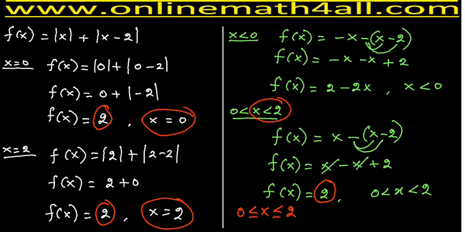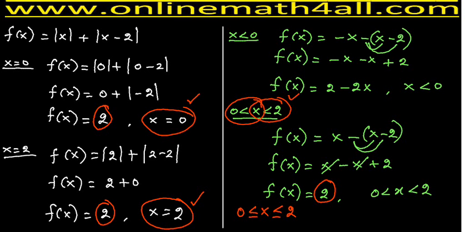So all 3 conditions are combined into a single condition, that is 0 less than or equal to x less than or equal to 2. Here x equal to 0 is taken, x greater than 0 is taken, x equal to 2 is taken, and x less than 2 is taken. So for all these 3 conditions we get the same result, f of x is equal to 2.